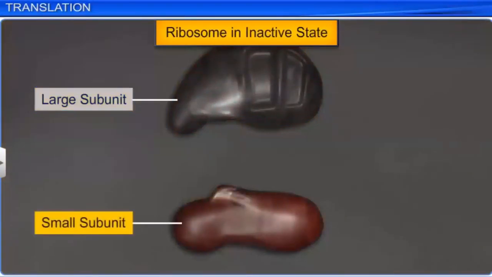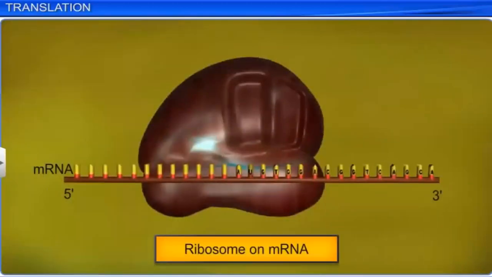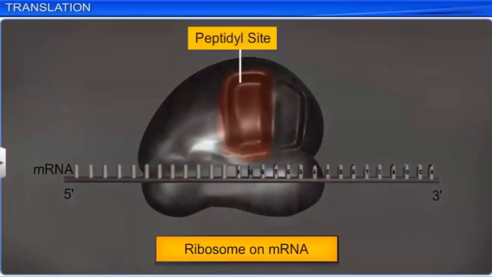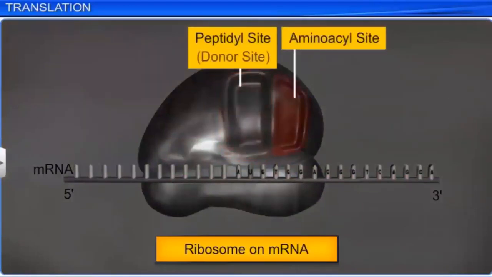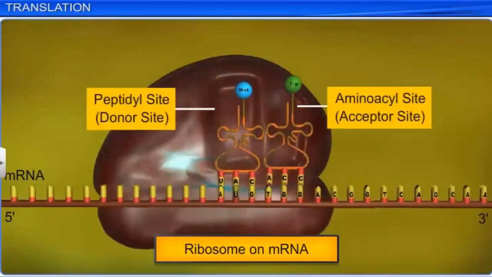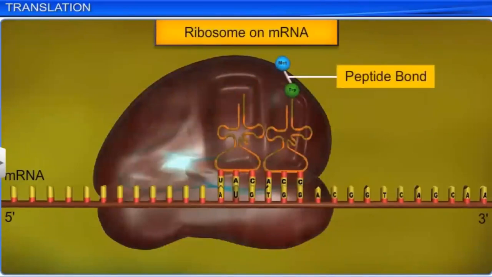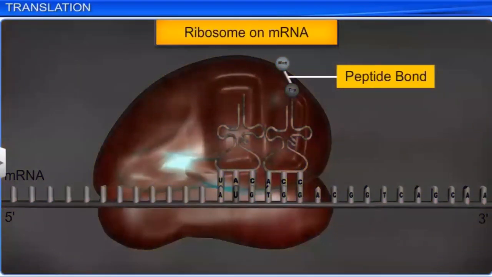The large subunit consists of two sites, the P or peptidyl site, also called the donor site, and the A or aminoacyl site, also called the acceptor site. At these sites, the two subsequent aminoacyl tRNAs bind and facilitate the formation of a peptide bond between the two amino acids. The ribosome also acts as a catalyst in the formation of the peptide bond.